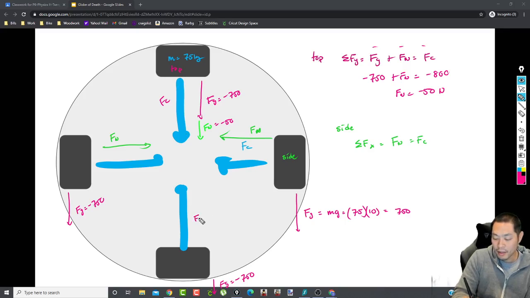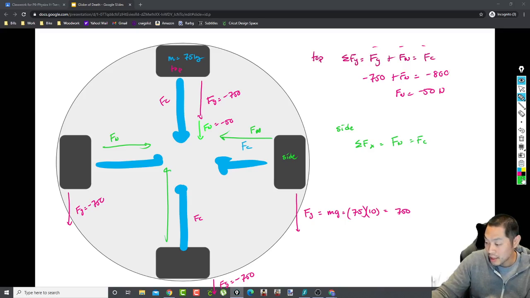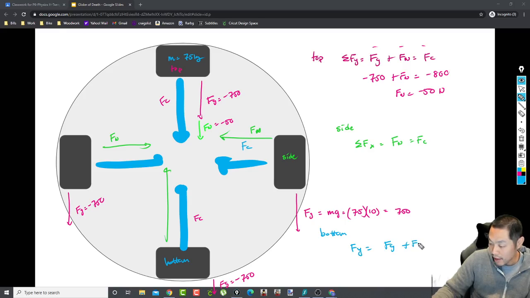Down here, FN has to be bigger than FC. And the reason is because at the bottom, the sum of all forces in the y direction is still FG plus FN equals FC, but the difference in this case is FG is negative, FN is positive, FC is positive.